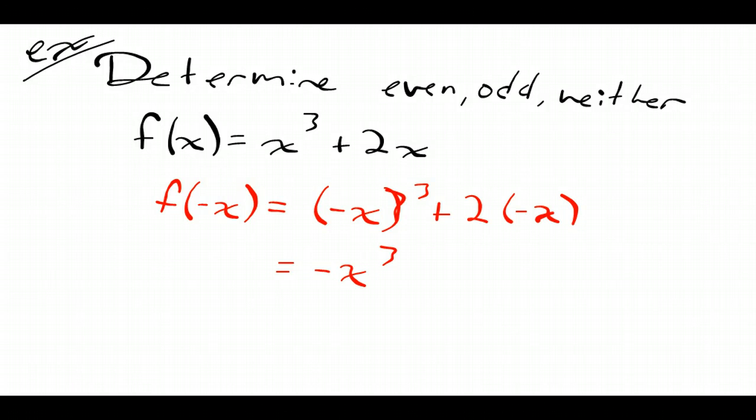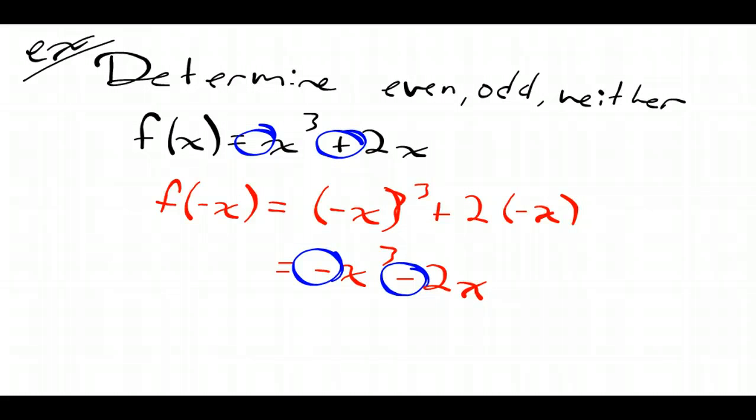Negative x times 2 is minus 2x. Now notice in this one, that was positive. This one was positive, now it's negative. So all of the signs changed. Since all of the signs changed, this is an odd function. Odd functions will have origin symmetry. So you'll be able to turn the paper upside down, and it will look like the same exact picture.